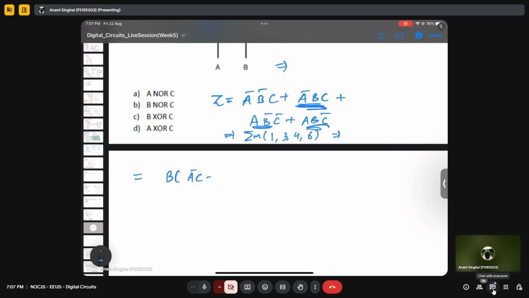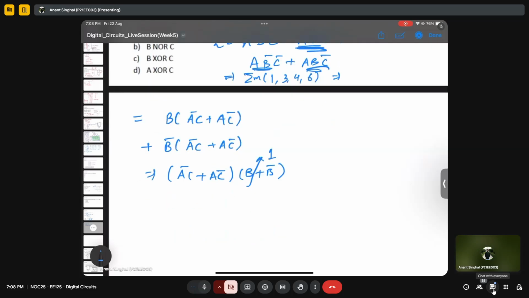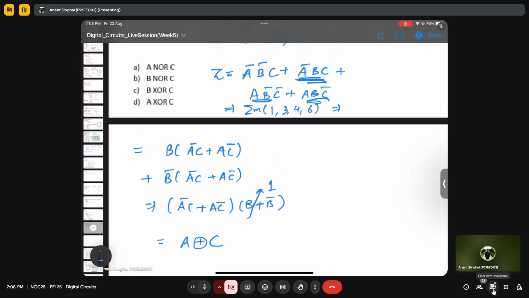A bar C plus A C bar plus, now I can take B bar common. It will again be A bar C plus A C bar, and it will be A bar C plus A C bar times B plus B bar, which is nothing but 1. So the final answer would be A XOR C, which is option D.